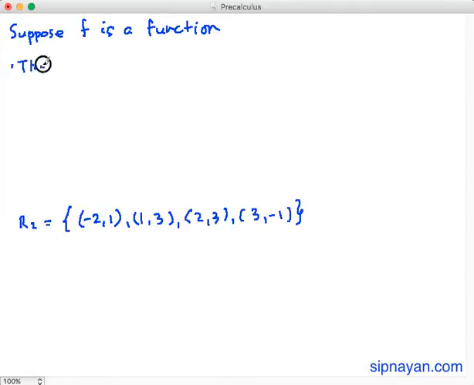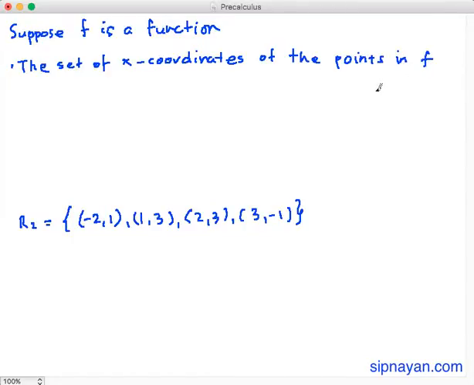Then the set of x-coordinates of these coordinates, of the points in f, is called the domain. The domain of f. So set of x-coordinates.